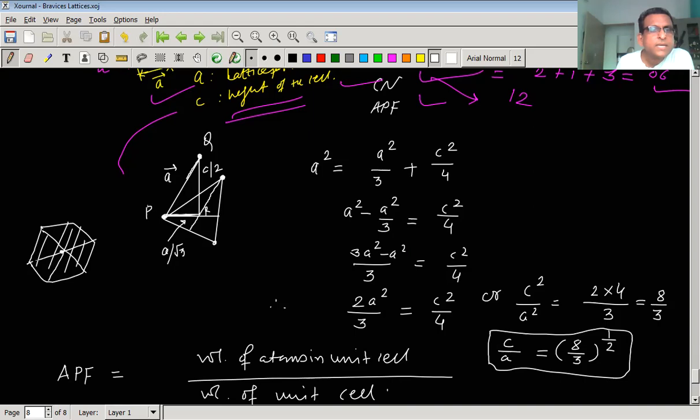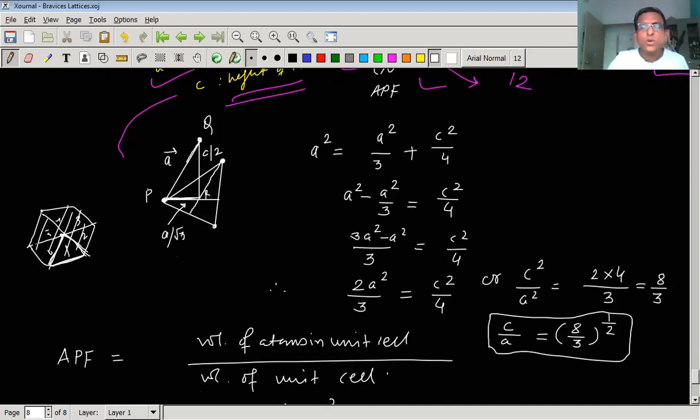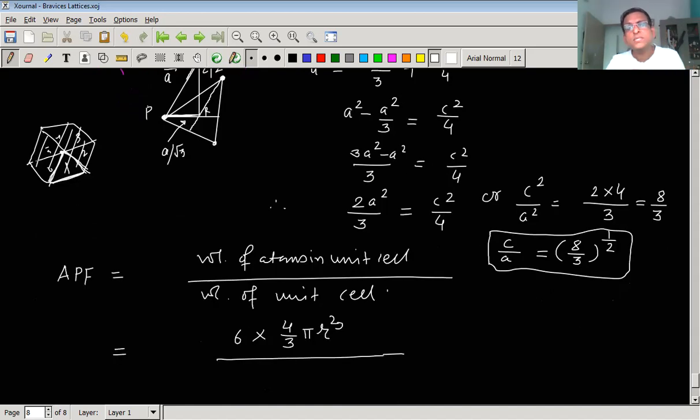So area can be calculated by using area of one particular triangle, and whatever is the area of one particular triangle multiplied by 6. So this triangle 1, 2, 3, 4, 5 and 6. So area of triangle multiplied by 6 will be the area of the basal plane or base of that HCP hexagonal unit cell, into height C. So that will give the entire volume of that unit cell.